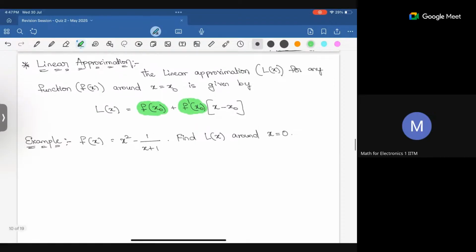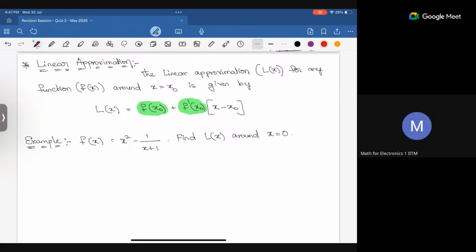Alright, so let's do an example. Given f of x like this, x square minus 1 by x plus 1. This is a rational function, right? And it's very hard to find the value of f of 0.1. Now in this generation, it's not hard. But think that we are in around the 1500s or 1400s.